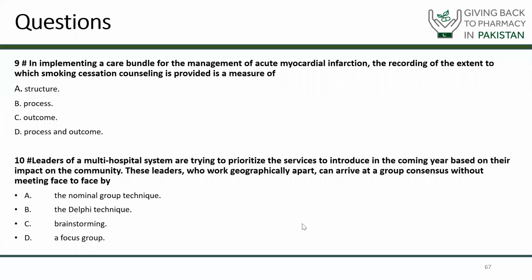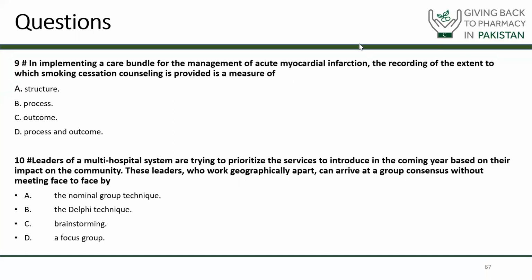We have mixed answers, B, C, D. The answer is B, because we are just providing information to the patient. So this is the process. We have a guideline available, that is the structure. We are providing that guideline to the patient, that is process. When the patient implements this and does not smoke, the outcome will be decreased myocardial infarction, that will be the outcome indicator.